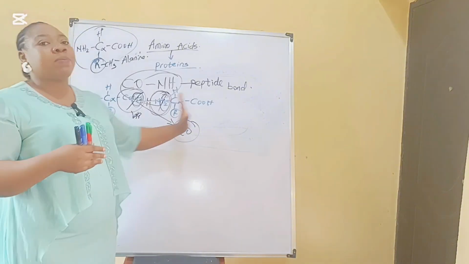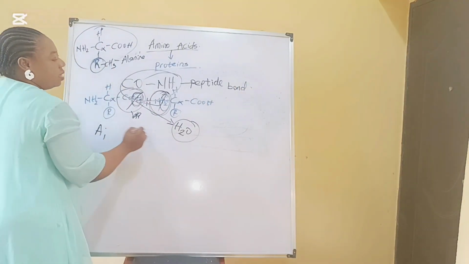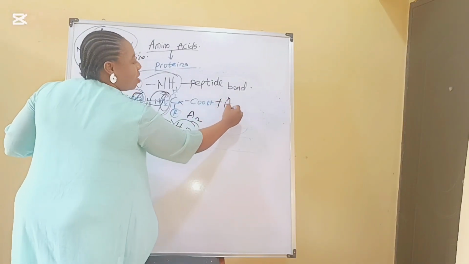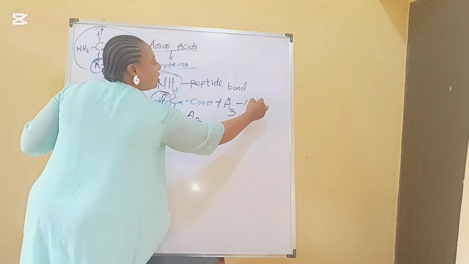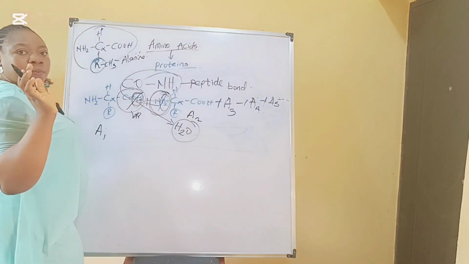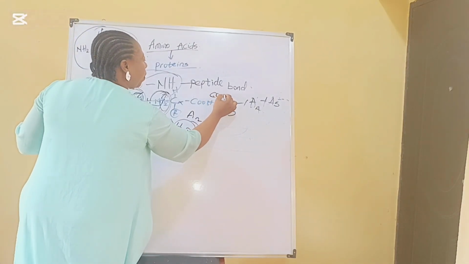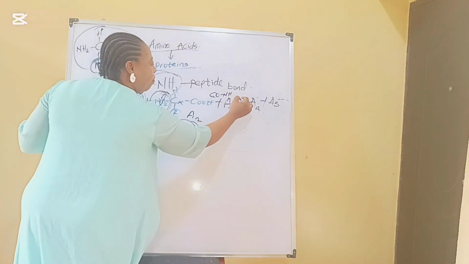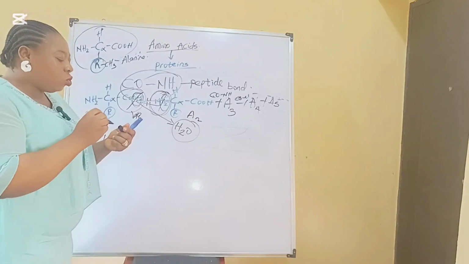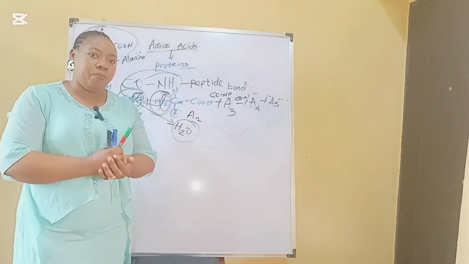With this, we have amino acid 1, amino acid 2, plus amino acid 3, plus amino acid 4, plus amino acid 5, etc. So we'll be having a peptide bond here, peptide bond here, peptide bond, peptide bond, like that. This is what will glue all these amino acids together to give us a particular protein.